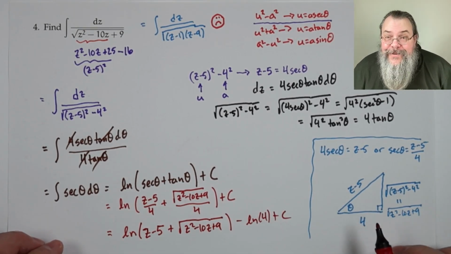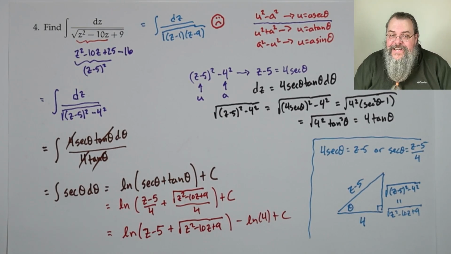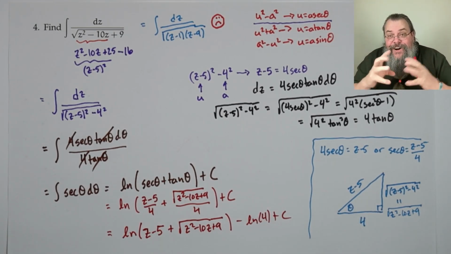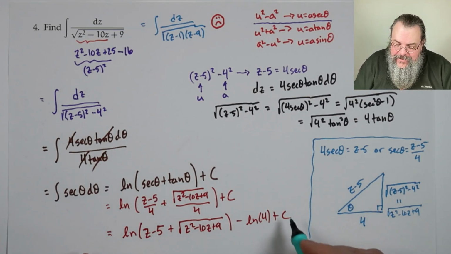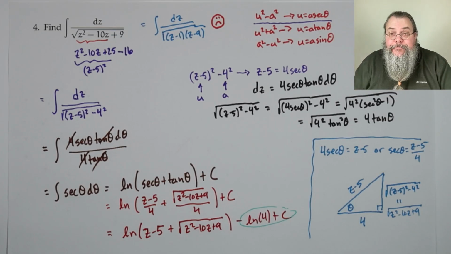But what is log of 4? It's a number. It's a constant. And there's a c here. Constants absorb constants. They're like sponges that way. And so this gets sucked into that constant.